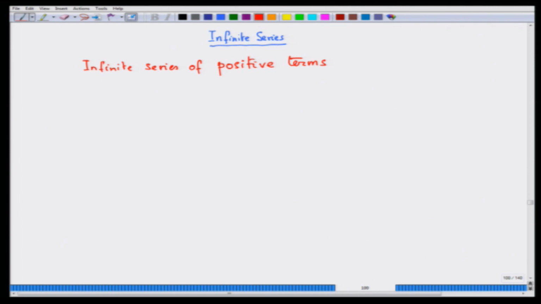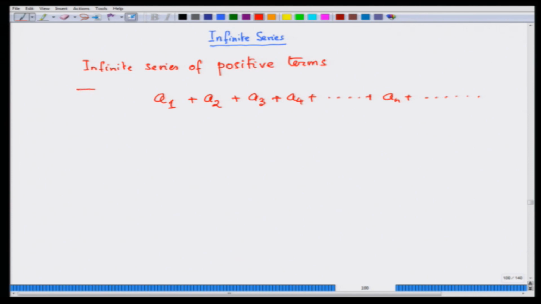Infinite series of positive terms. So, it is written like this, so it just goes on, it never stops.